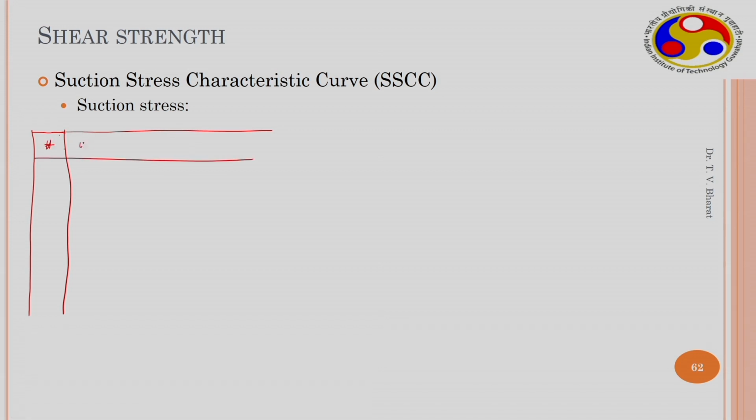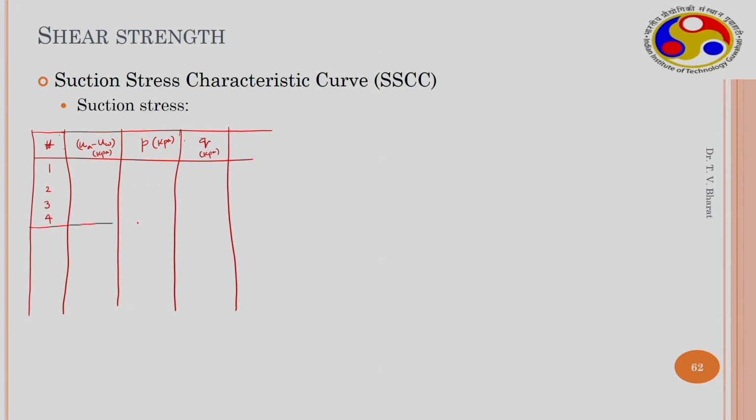Here we have the test number, the matrix suction, how this is varied or controlled, the mean stress, and the deviatoric stress which is observed at failure. So, this is test 1, 2, 3, 4. 4 tests are conducted at one matrix suction, that is 0. That means at saturated state these tests are conducted.